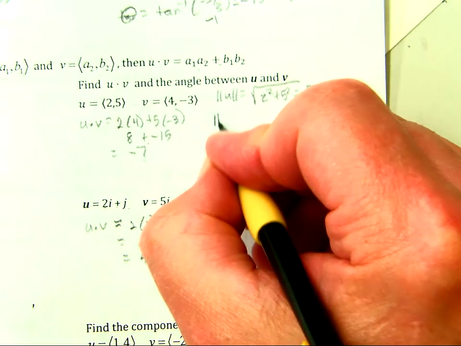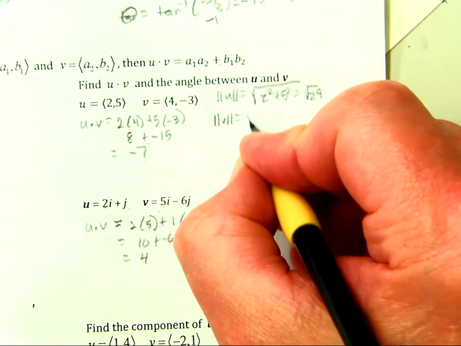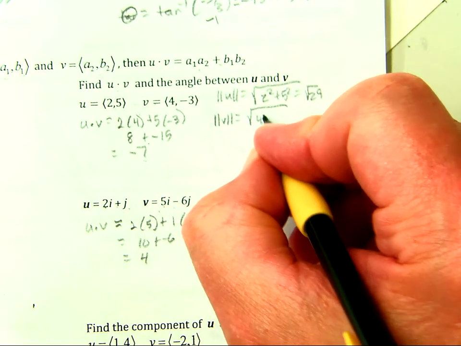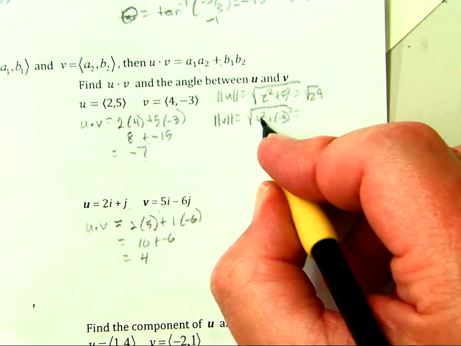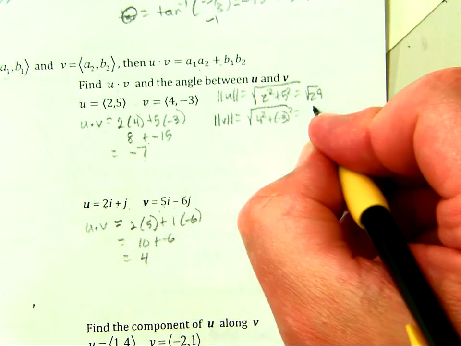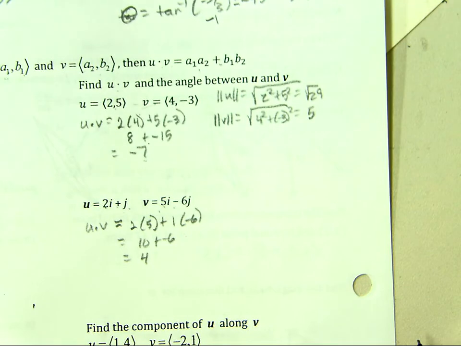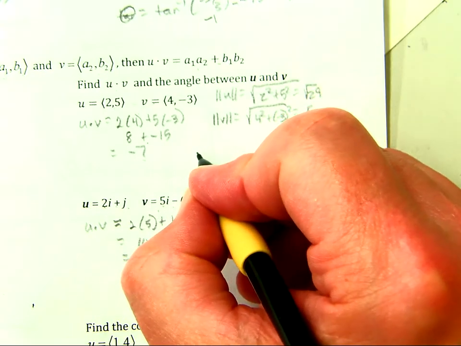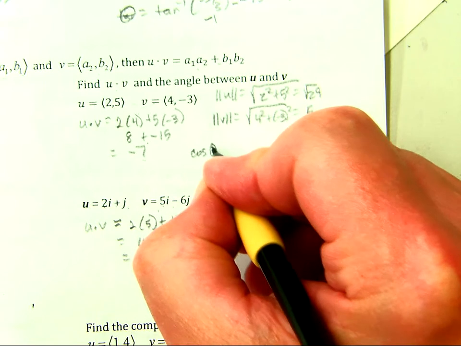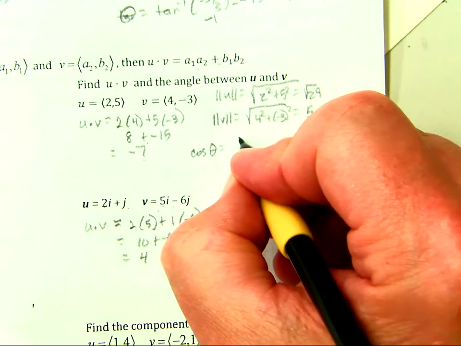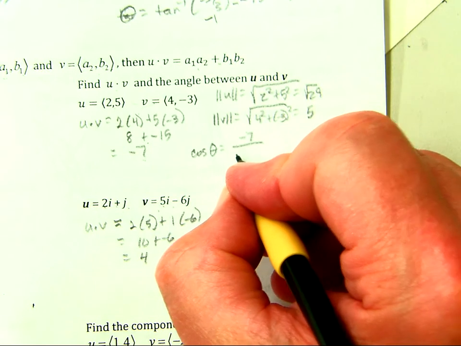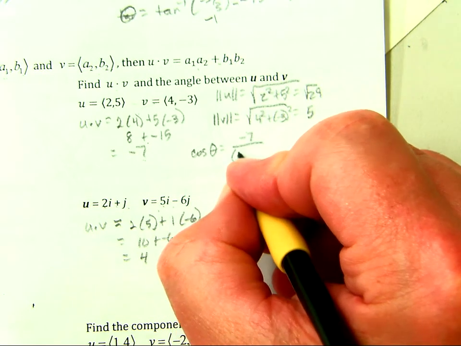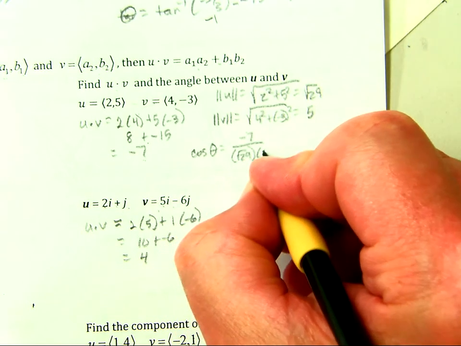For the magnitude of v, we take the square root of 4 squared plus negative 3 squared. That's 16 plus 9 is 25, so that's just 5. Now using our formula, the cosine of theta equals the dot product, negative 7, over the two magnitudes multiplied together, square root of 29 times 5.